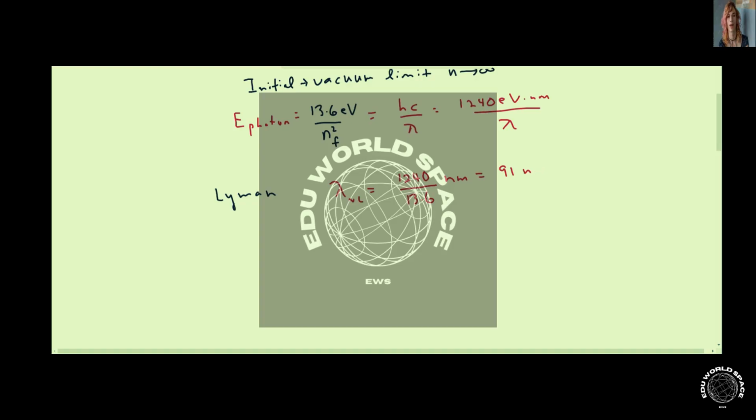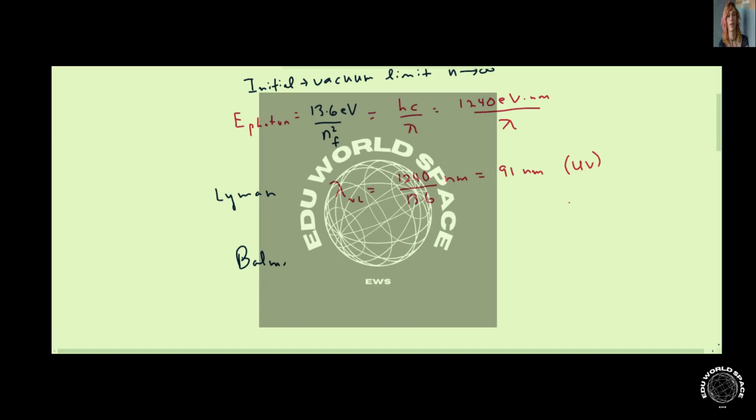Whoops, why am I writing a W for nanometers? Here we go. And that's an ultraviolet, pretty far beyond what we can see, but not super beyond, but we'll just call it ultraviolet.